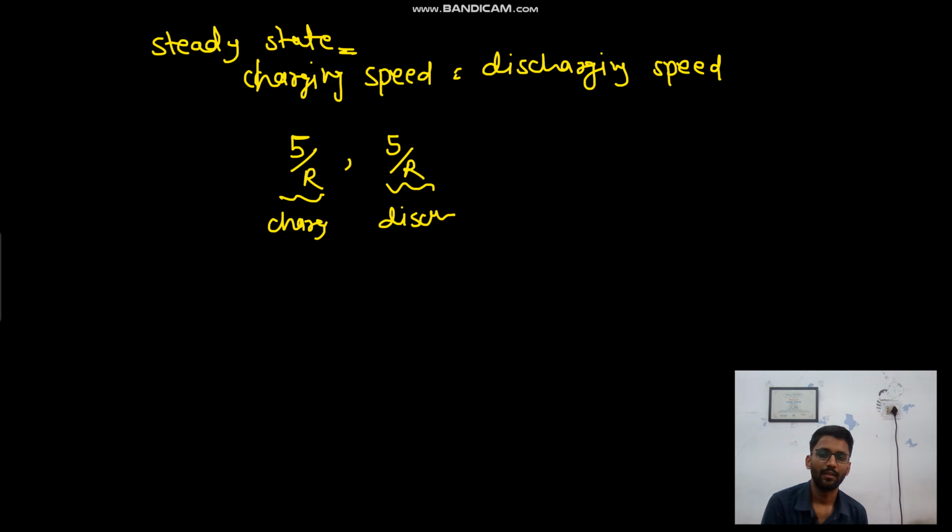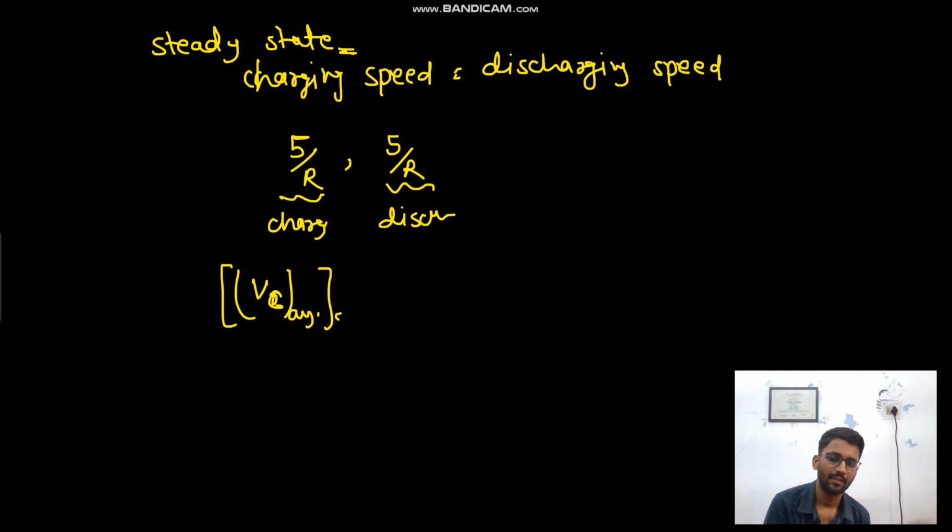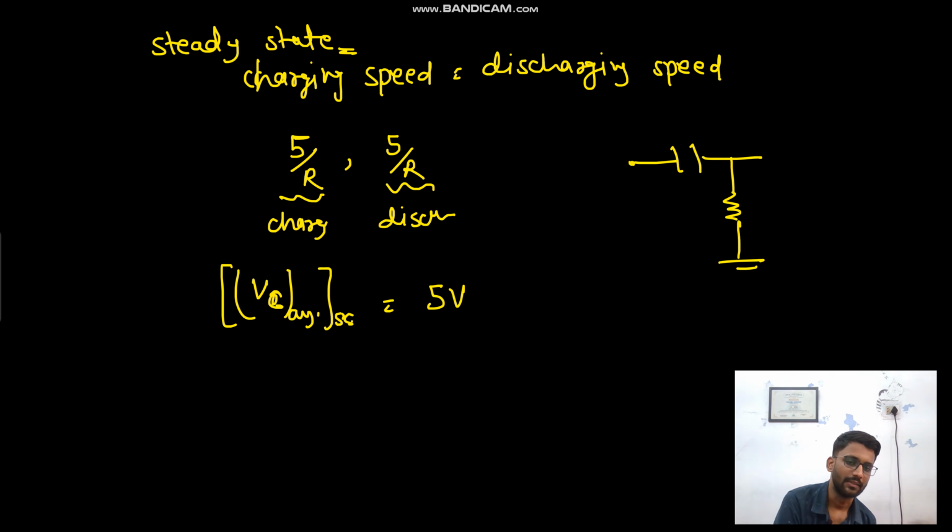So the VC average at steady state would be 5 volt. Then only we will have 5 by R current, right? Like this is your capacitor and this is resistor. Here we have 10 volt, and if we have 5 volt here we have V in actually.